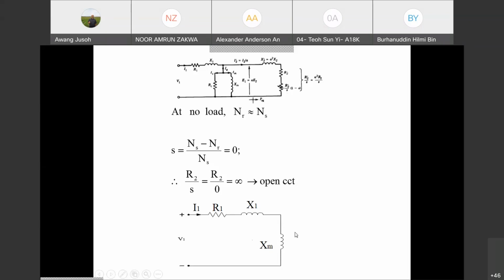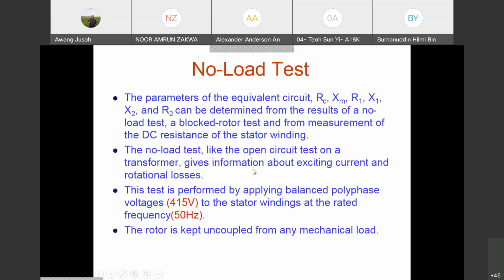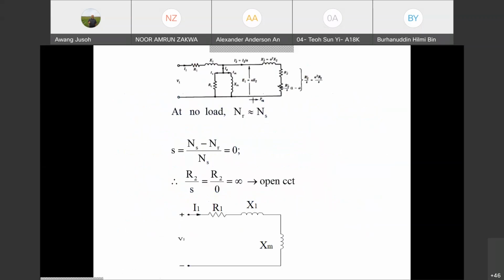From the power we measure during the no load test, the power equals I squared R, so you can find R no load. So the square root of Z squared minus R no load squared gives us X1 plus XM.